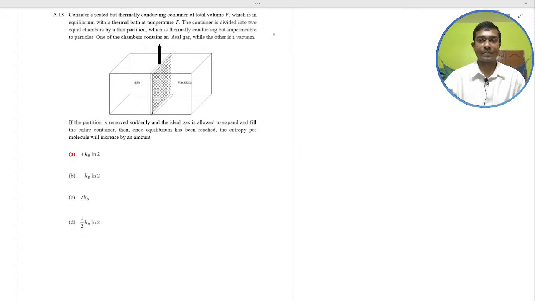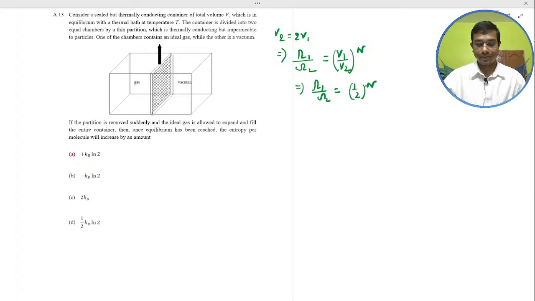Simple question then. Let us assume V2 is 2V1 because the volume is increased twice. That means capital sigma 1 by capital sigma 2 is equal to (V1 by V2) to the power n. This is nothing but sigma 1 by sigma 2 is equal to (1 by 2) to the power n.